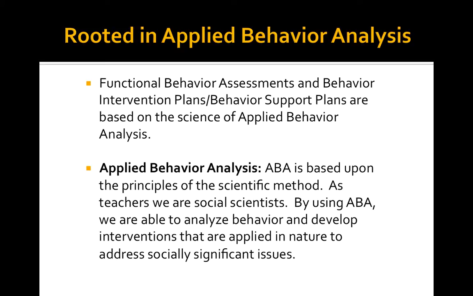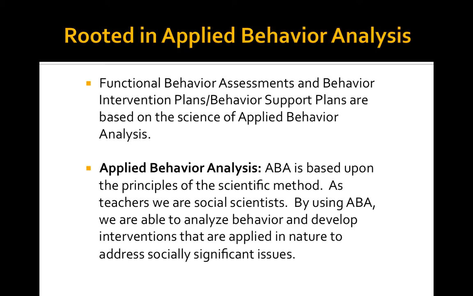So if you think through your science courses that you've taken either in high school or in some of the beginning science courses you've had here at Hope, you know what the scientific method is. And through the scientific method, we're able to look and see if a scientific study or intervention is working. We do the same thing with behavior.